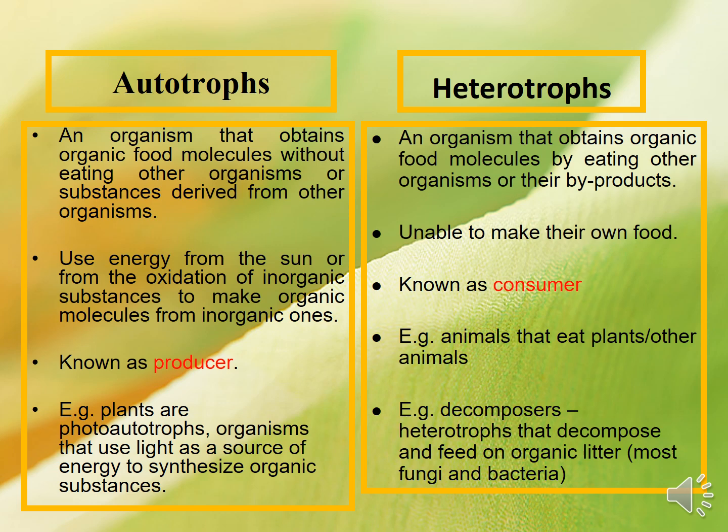So they are known as consumers. Examples can be all the animals, all the humans, and also the decomposers, which are fungi and bacteria, that decompose organic matter as their food.